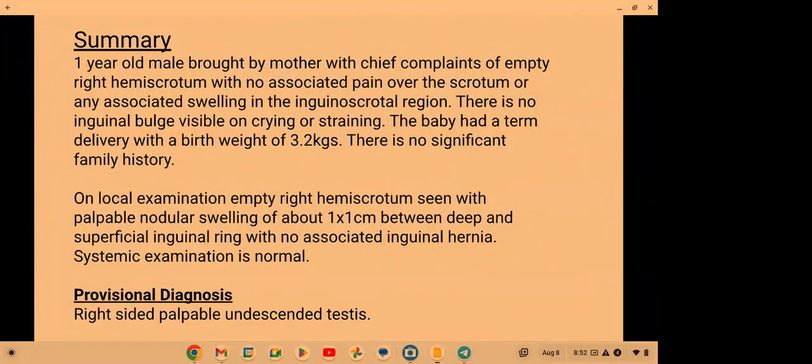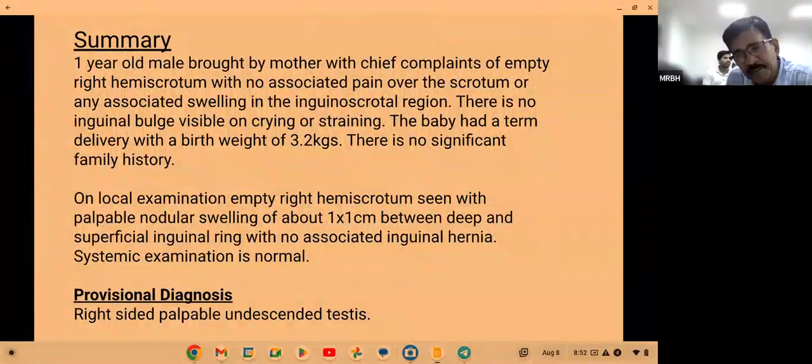If the ring is open and there is no visualization of cord structures or vessels, then where do you look for the testis? Intra-abdominal testis, where will it be? Ma'am, we have to trace it below the deep ring, and we can see the testis in the intra-abdominal region.